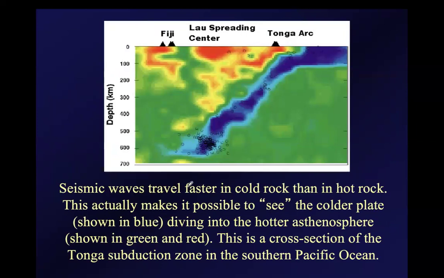Now, we can actually see this because seismic waves, the shock waves made by earthquakes, by nuclear tests, and other really big high-energy events, travel faster in cold rock than they do in hot rock.